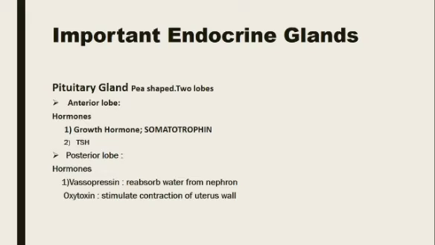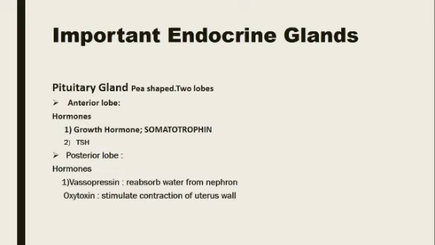But if this hormone is released in excess of the requirement, then the condition will be gigantism. And if it is less than the required amount, the growth will not be normal and the condition is dwarfism.